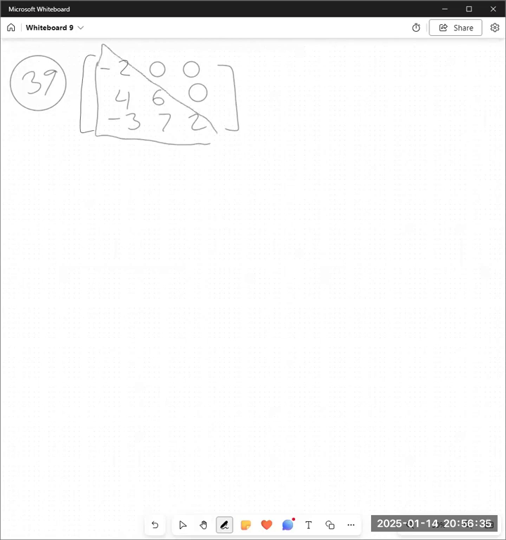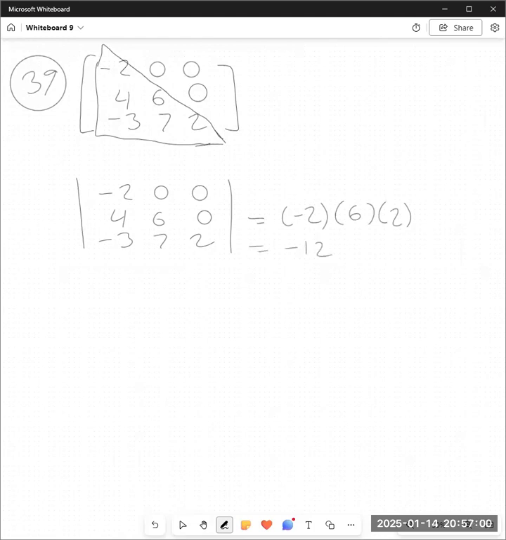You can see that all of the numbers that are non-zero are in that triangle down there. So the determinant of -2, 0, 0, 4, 6, 0, -3, 7, 2 is going to be equal to -2 times 6 times 2 is -12 times 2 is a -24.